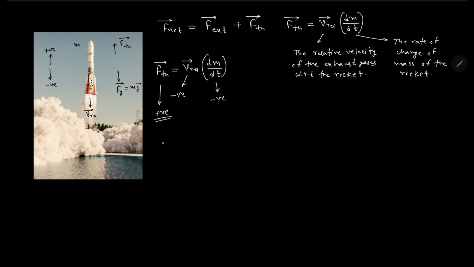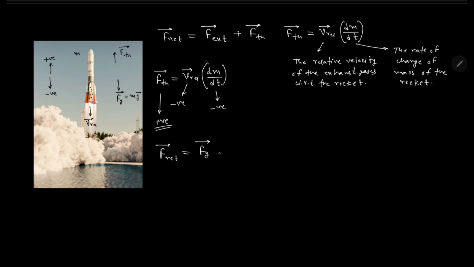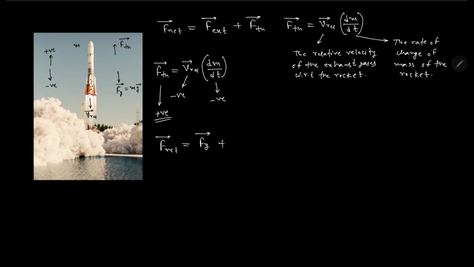So now the expression for the net force: F net is equal to the external force, which is equal to the gravitational force F g plus the thrust force. We can write this equation as minus m g plus the thrust force.